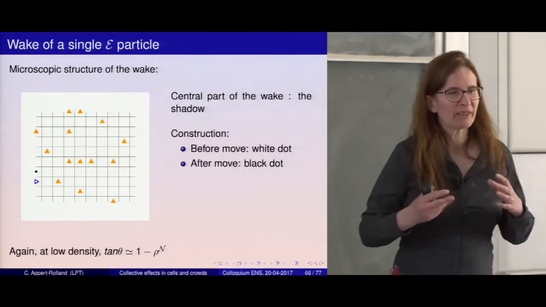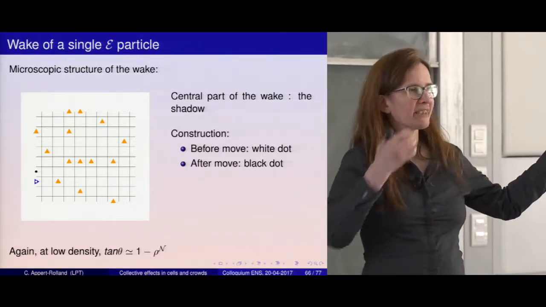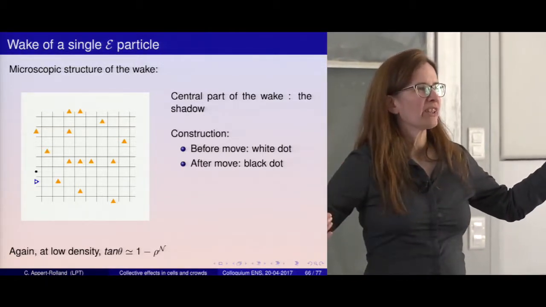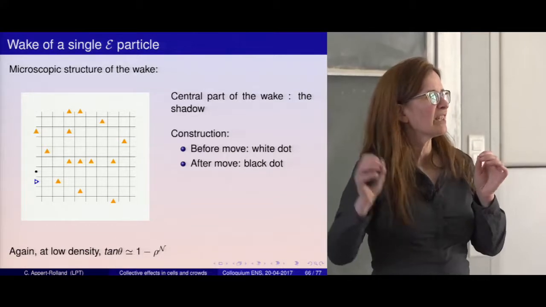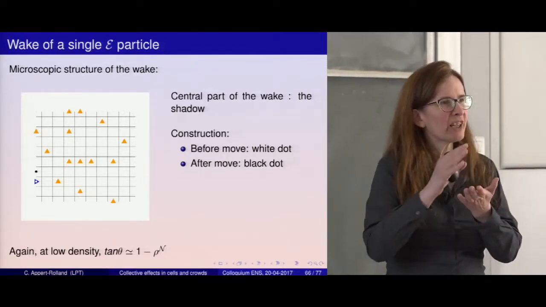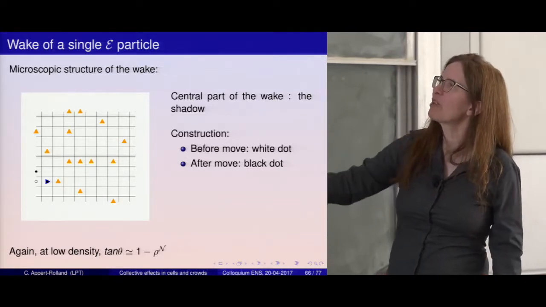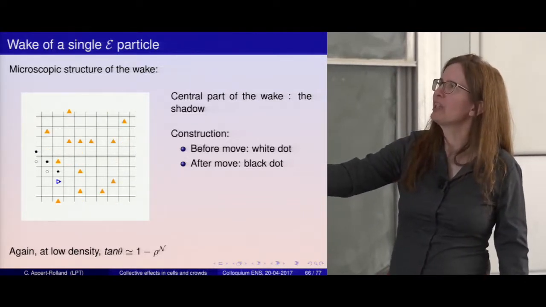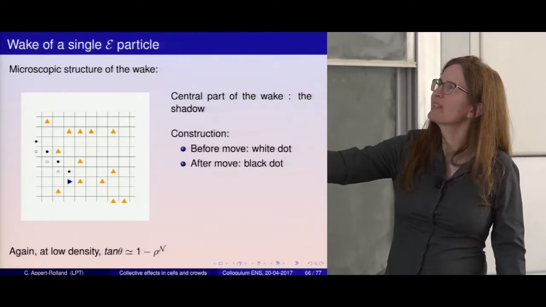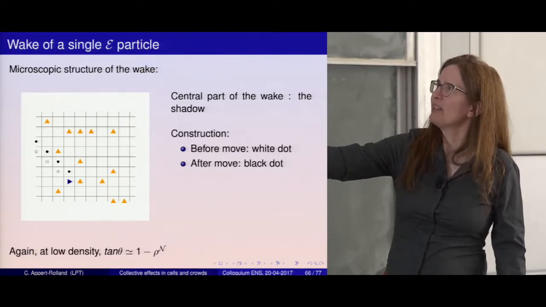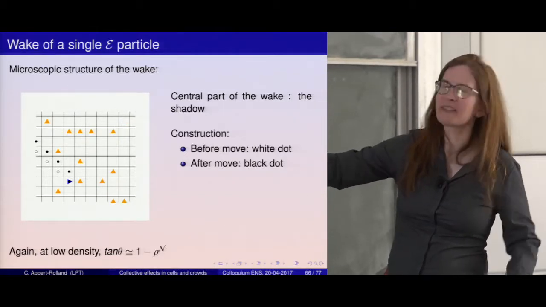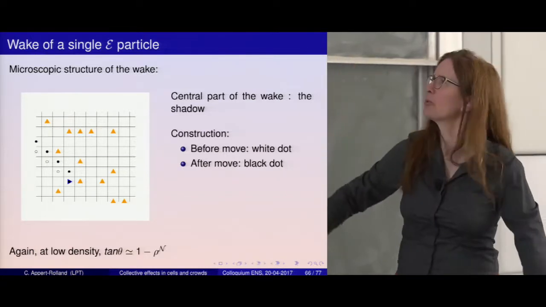But actually, what the other particle will see is not the average weight. It's one particular realization of the weight. So you must go really to the microscopic structure and basically track when one blue particle is moving, all the cells that it occupied in the past, which are transported with the yellow flow.